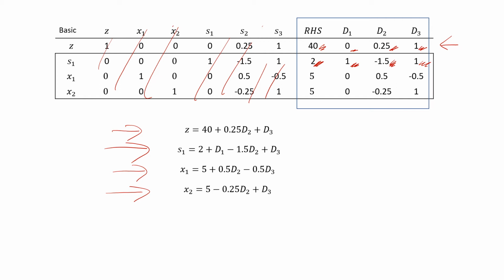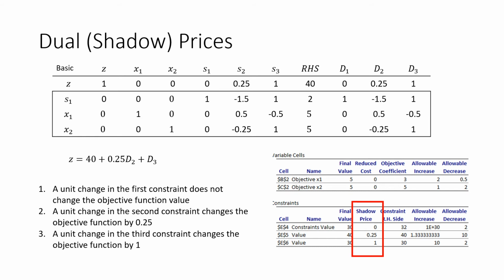So now, what does this tell us? Well, we have these equations. First off, take the Z, our optimum equation, our objective equation, after it's been rewritten after 2 iterations of the tableau. What does this tell us?